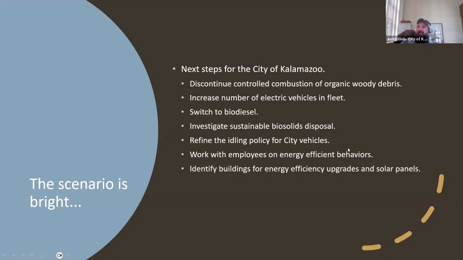We're going to investigate sustainable biosolids disposal. Remember the biosolids piece, that material gets shipped to Zealand where it goes in a landfill. It's a little bit more intense than that. 253 wet tons of that material leaves the wastewater treatment plant every day, and that takes 6 trucks.